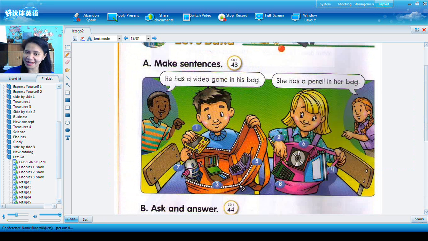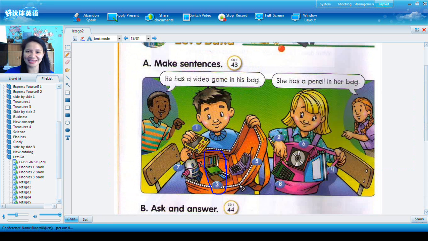What does he have? Yes, he has a music player. Look at this picture. What does he have? You'll say, he has a wallet.